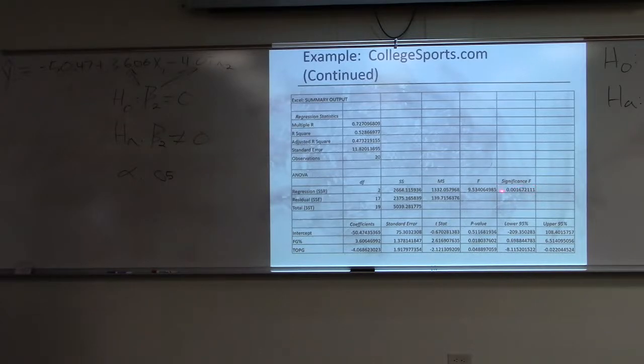Oh, so this is the p-value for the F stat. But again, it's the same question I think you asked last time. We choose the significance level. Excel just randomly inputs 95%, which would be a 5% significance level.